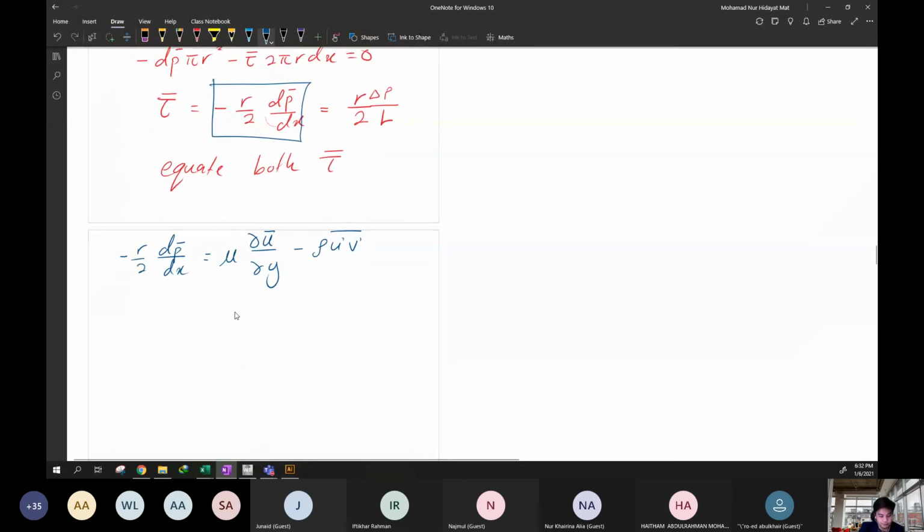Alright, so from here we can cancel this one, we can cancel this one, this becomes minus. Okay, remember that mu du over dy is equal to negative mu du over dr, because previously we discovered that dr equals negative dy, right?